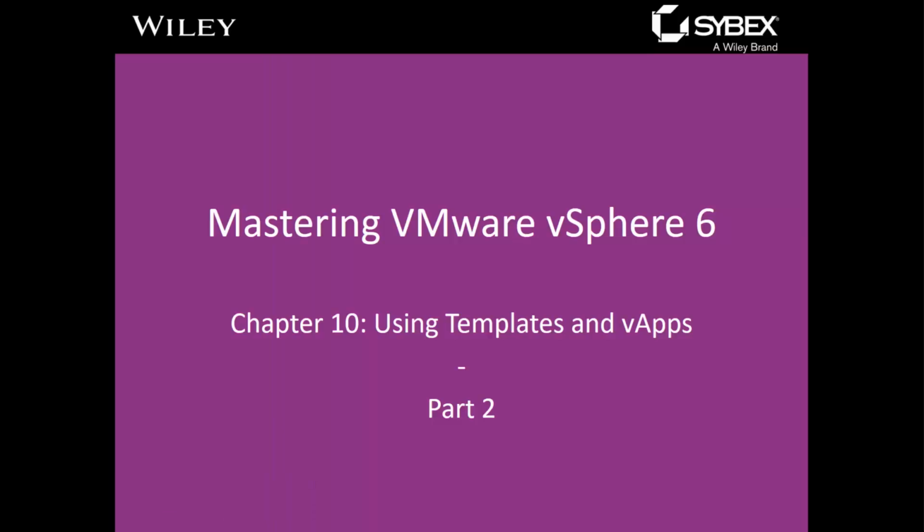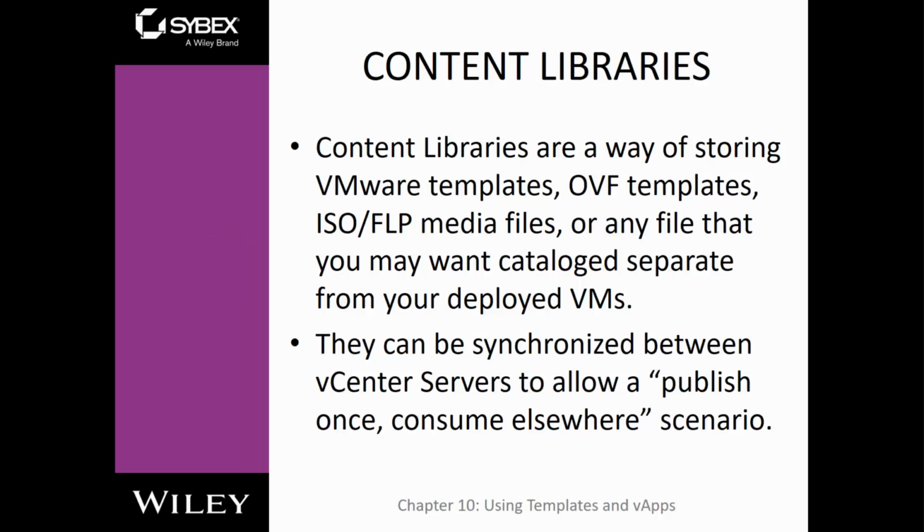Moving on, we're getting into more templates and vApps and libraries. So libraries, what are the contents of libraries? This is a way of storing VM templates, OVF templates, ISOs, and other media files that you may need and you may want to catalog separate from your deployed VMs.